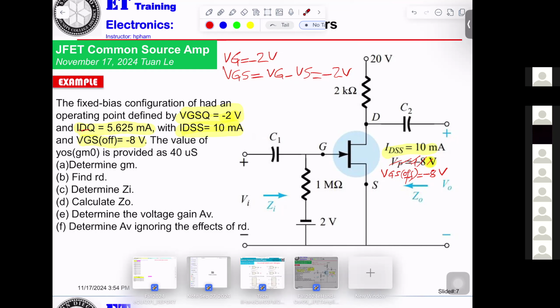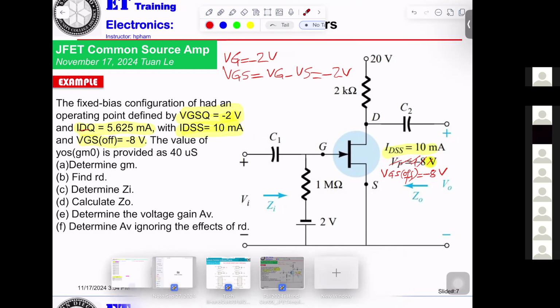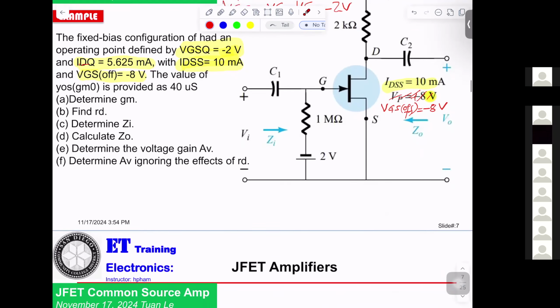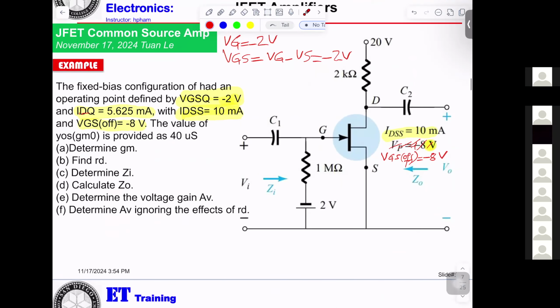Okay, gm equals gm0 times 1 minus VGS divided by VGS off.